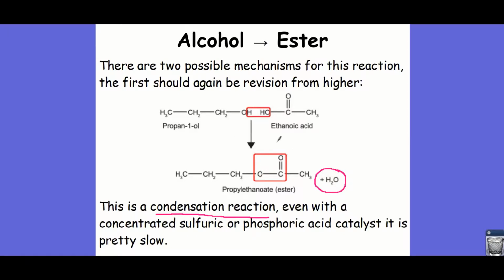So from these two substances, we would form propyl ethanoate. Remembering that this has to happen with a catalyst, and that catalyst is usually a concentrated sulfuric acid catalyst. It's really important to remember that it's a concentrated acid catalyst that we use.